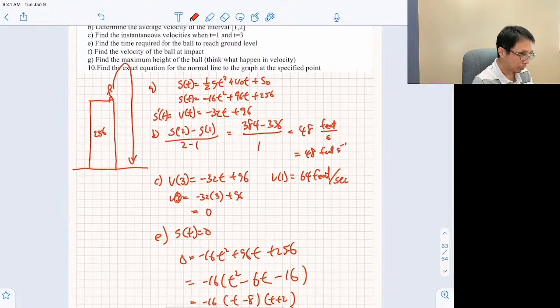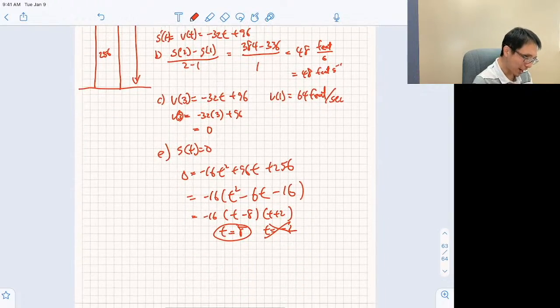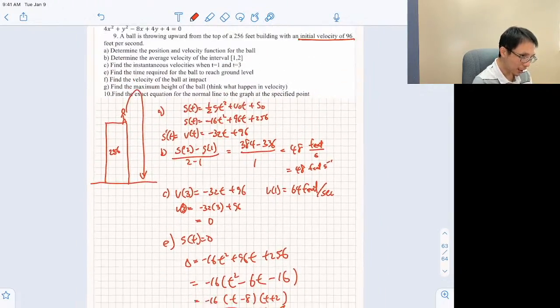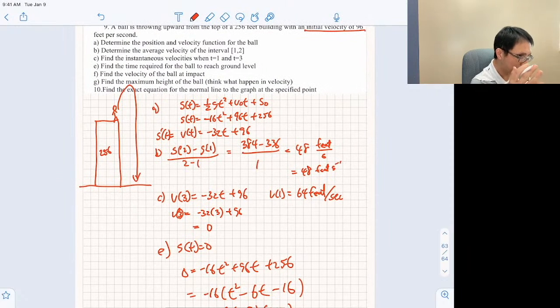How do I answer F? F says, find the velocity of the ball at impact. Just plug in. Plug in what time?